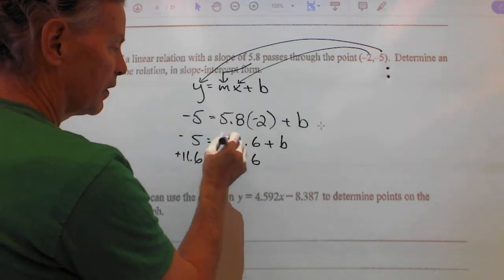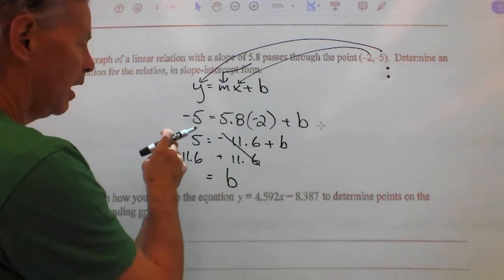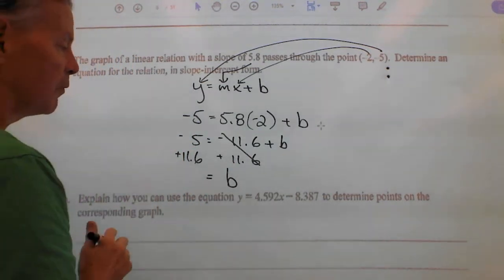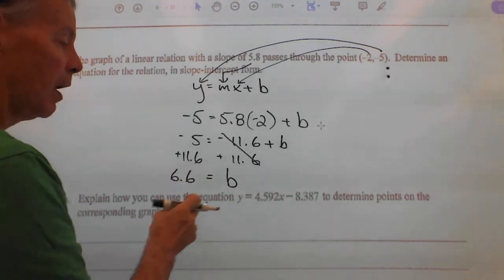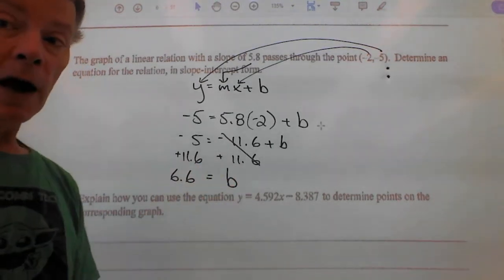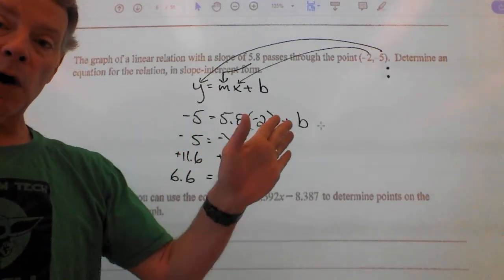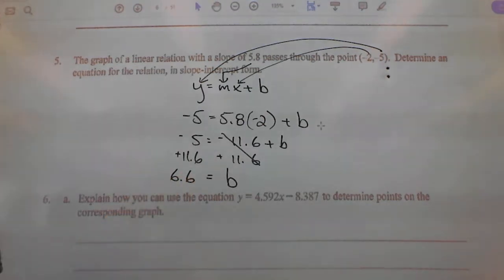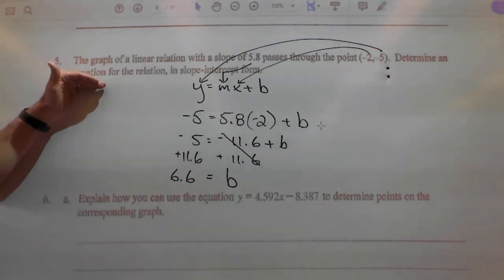Minus 11.6 plus 11.6 is 0, that leaves us with b. -5 plus 11.6 is 6.6. So our value for b, for the y-intercept, in other words, the point where the line will cross the y-axis, is at 6.6. That gives us enough information to answer the question.